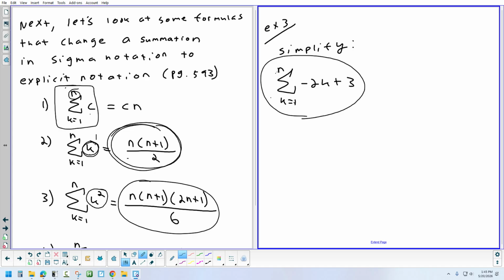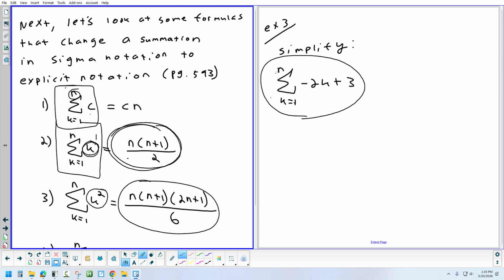So let's start by looking at this and see if it matches anything over here. Does what we have in example 3 directly match what's in any of those boxes? Really? No. We have to break it down until we get it to look a little bit simpler.